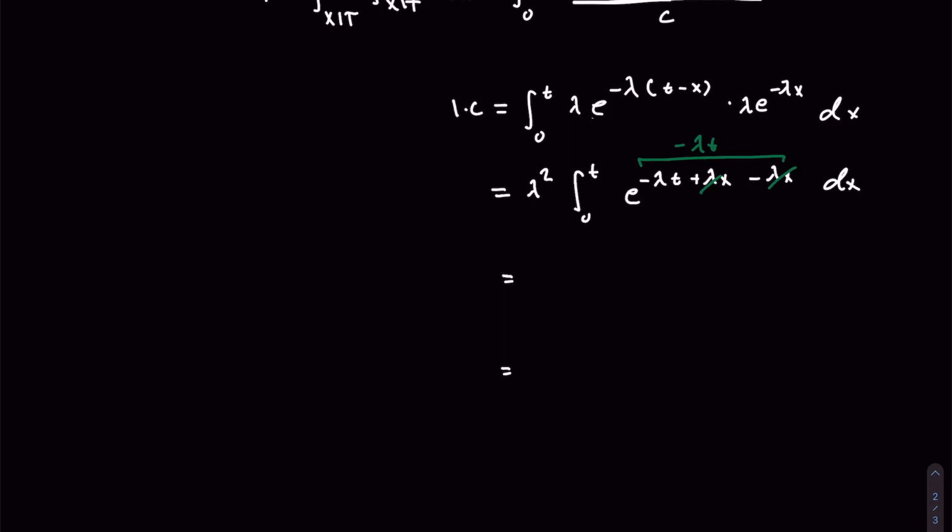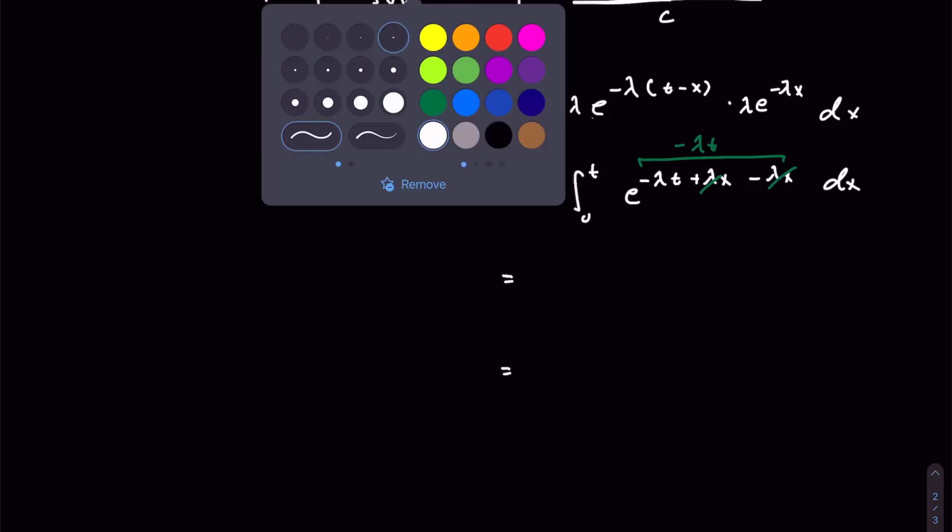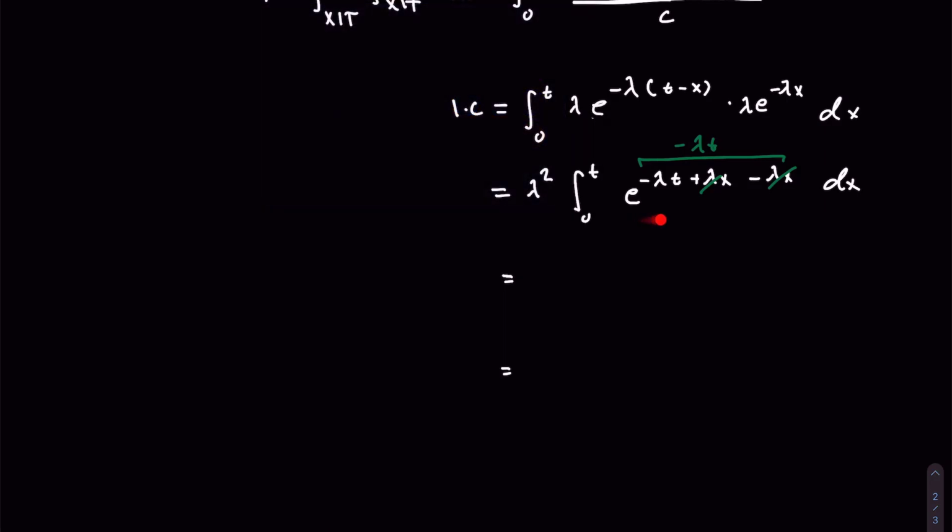Essentially what is left is this exponential that doesn't depend on x, so this is just a constant. We can pull this whole thing out, e to the minus lambda t, and then we have x going from 0 to t.